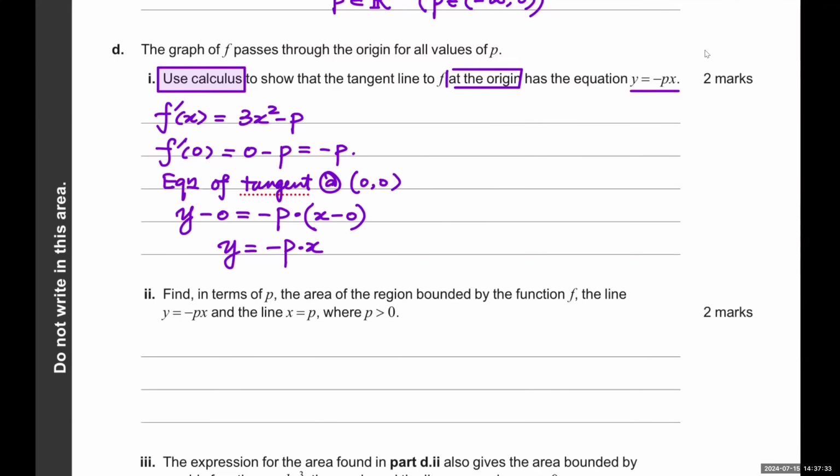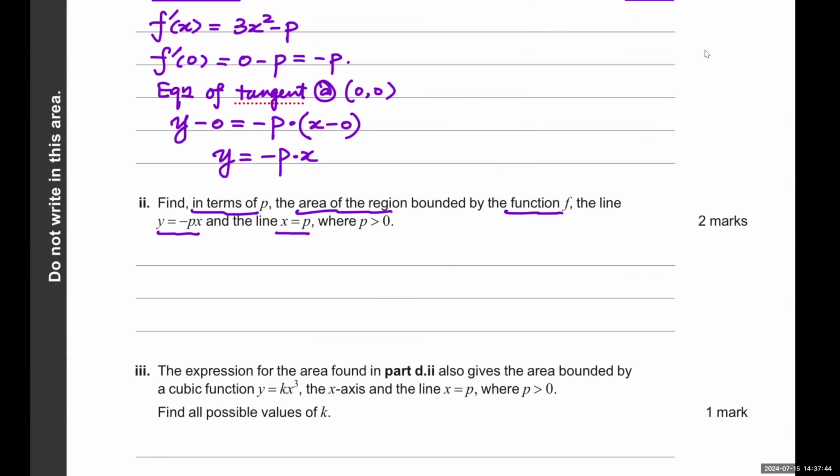Next, find, in terms of p, the area of the region bounded by the graph of f, the line y equals px and the line x equals p, where p is greater than 0. So whenever we have p greater than 0, I suppose the graph must have 3 intercepts. One intercept is at minus root p, the other intercept is 0, and also we've got a positive root p.